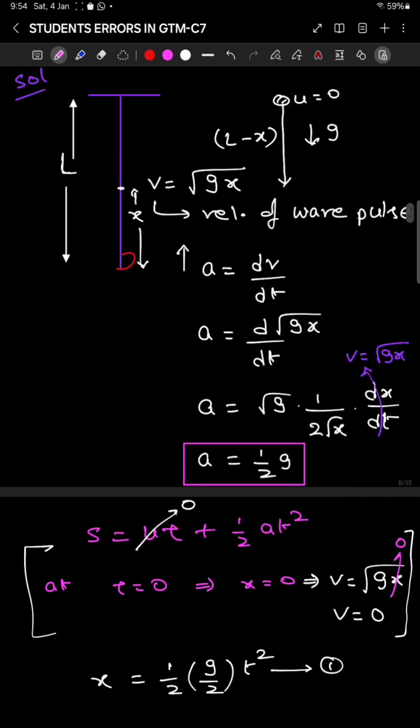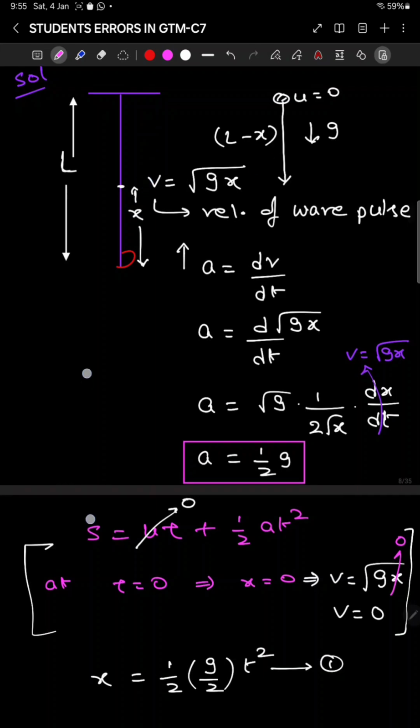Now let us find the distance traveled by the wave pulse. The distance traveled by the wave pulse is x. The initial velocity of the wave will be 0. So x equals half times the acceleration g/2 times t squared. This is equation 1. For the freely falling body, the other particle, the initial velocity is 0 and the acceleration will be g. The distance traveled from top to the meeting point is L minus x.